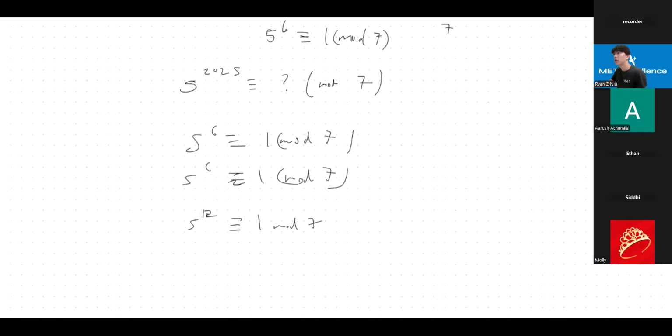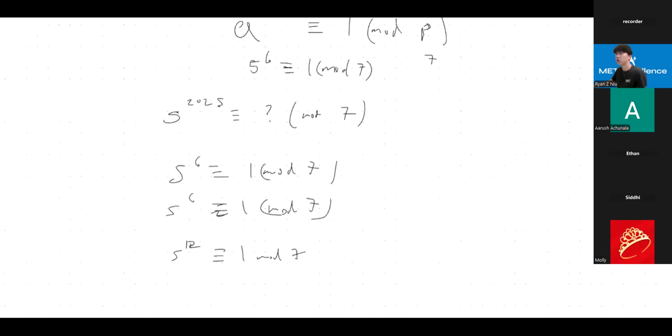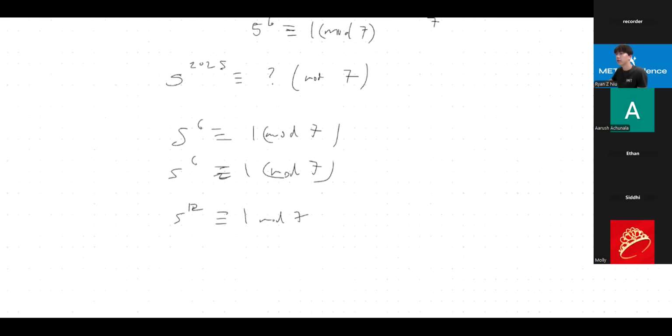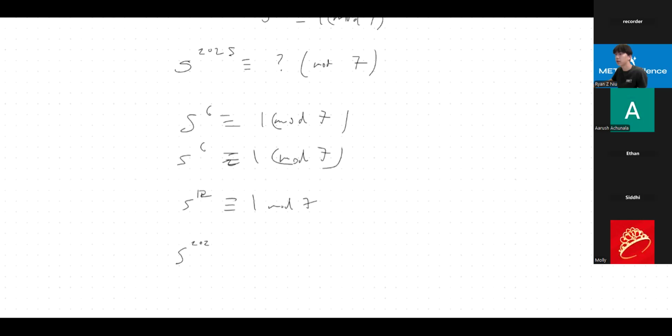If we look at 2025, the closest multiple of 6 is 2022. Since 2022 is a multiple of 6, we can multiply all of those equations together. So imagine there's like 2020, not 2022. What is it divided by 6?